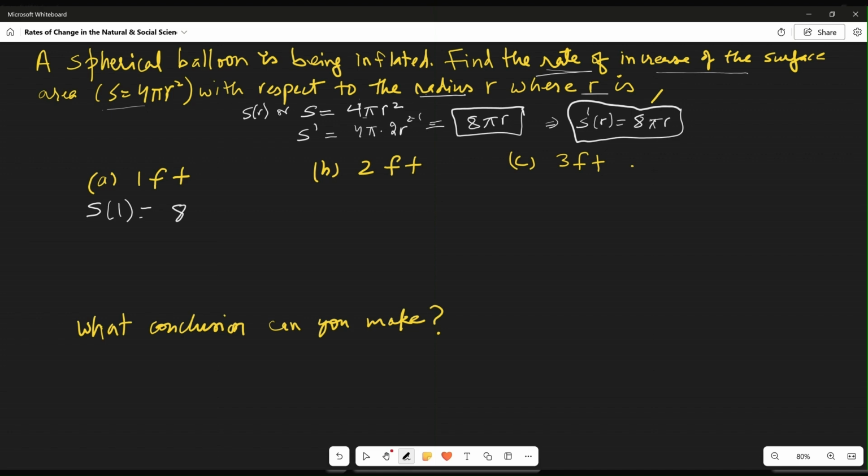So this is 8 pi times r, where r is 1. This is going to be 8 pi feet.